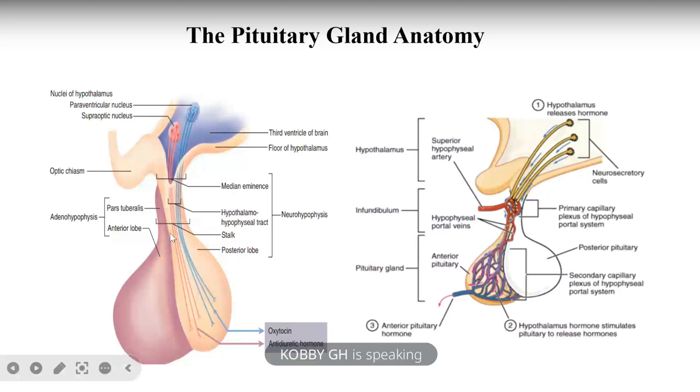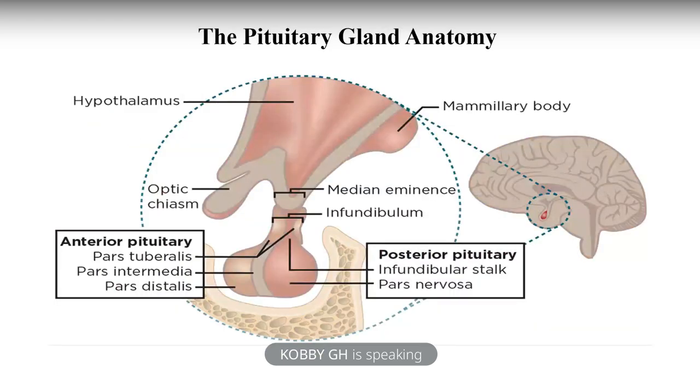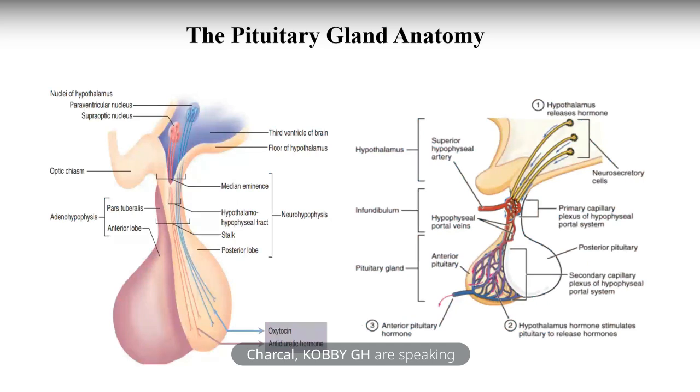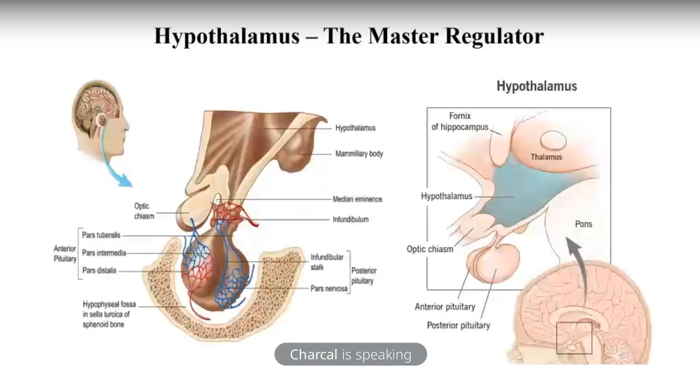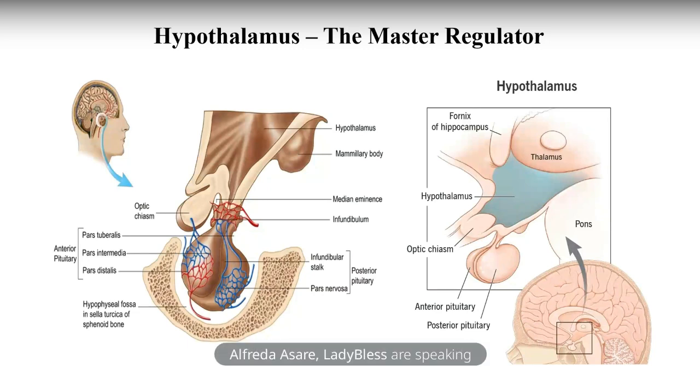What's the name given to the medial body of the anterior pituitary? The infundibular stalk? No, the medial body of the anterior pituitary. Oh, the pars intermedia. Okay, what's the name given to the lower portion of the anterior pituitary?